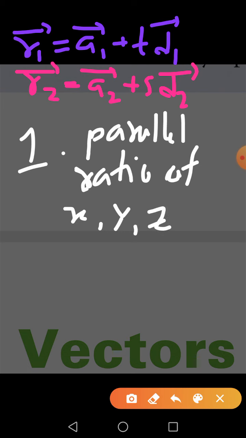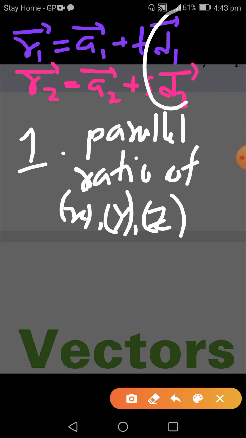If the ratios of x values, y values and z values are equal for both direction vectors, then the vectors must be parallel.